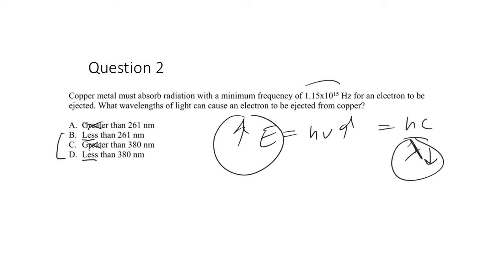And then we're just calculating the wavelength from the speed of light, c is equal to lambda nu. And so the wavelength associated with electrons being ejected from copper would be lambda is equal to c divided by nu.